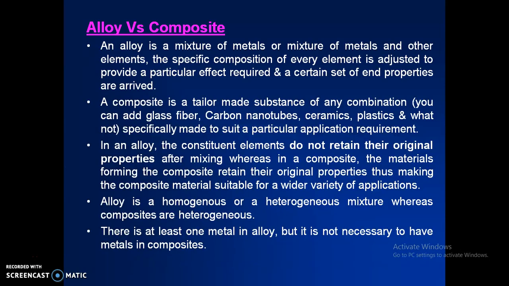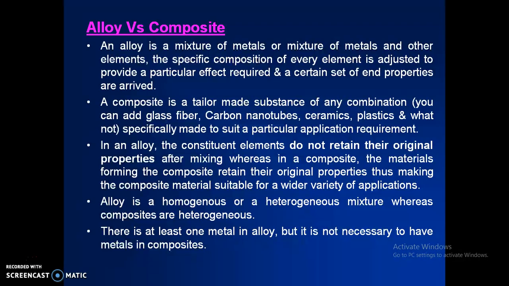Okay friends, what is the difference between alloy and composite? An alloy is a mixture of metals, or a mixture of metals and other elements. The specific composition of every element is adjusted to provide a particular effect, and a certain set of end properties is arrived at. A composite is a tailor-made substance of any composition, specifically made to suit a particular application requirement.